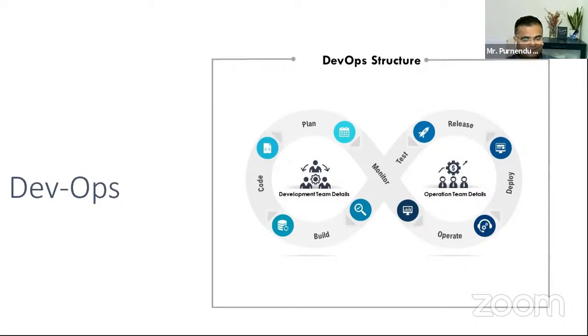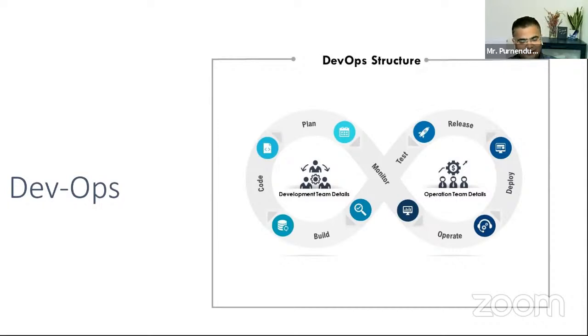Now, DevOps is development and operation. So what it essentially means is you have an operational team who is responsible for managing the work, managing the product, making sure that the business runs, making sure that the product runs. And then you have a development team who is responsible for building new code, new features, and putting it in.